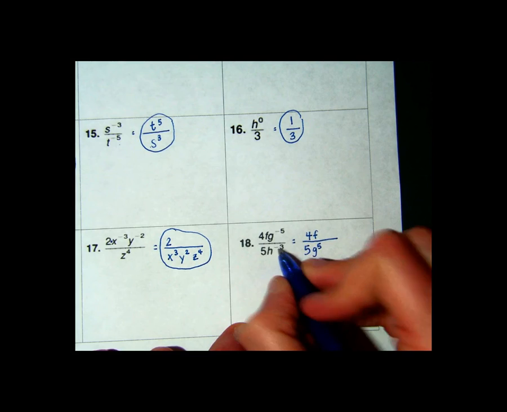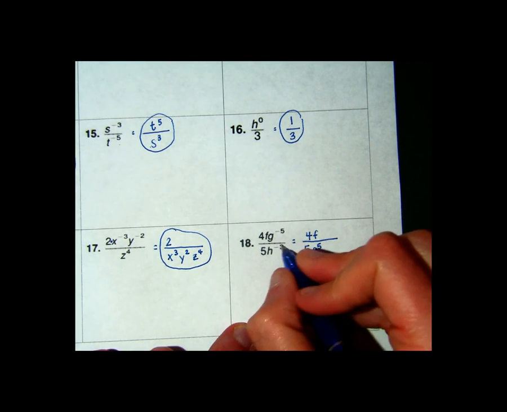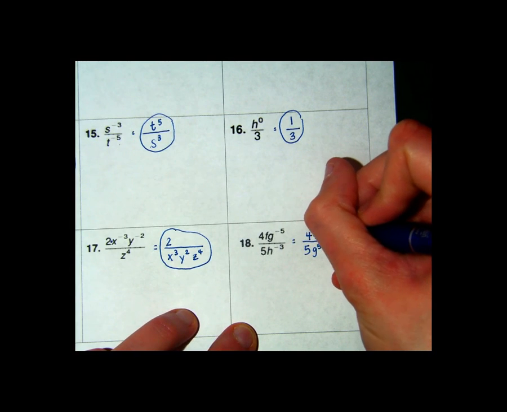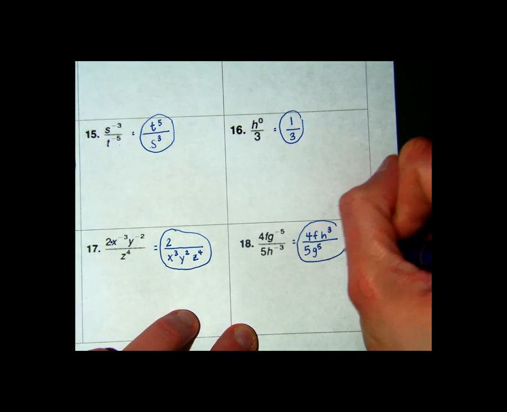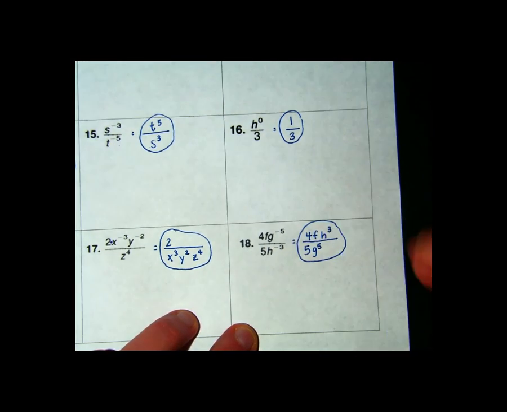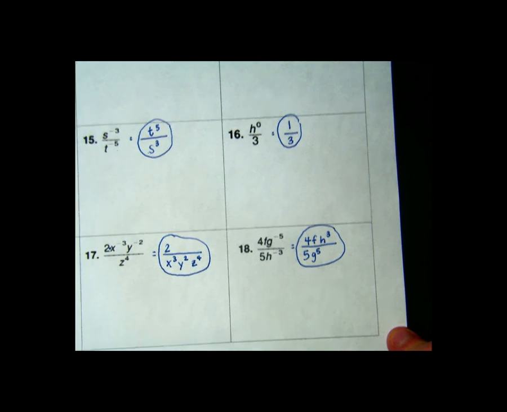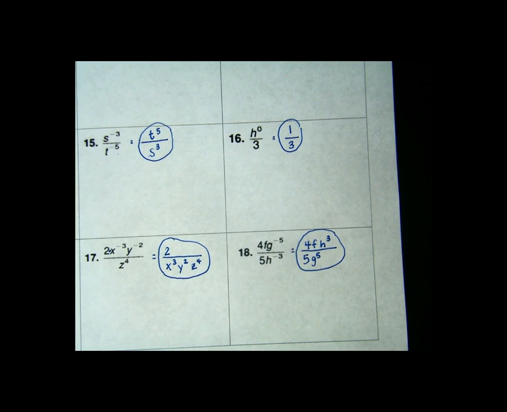Alright, and last, h to the negative 3rd. That is a negative exponent. It is in the denominator, so it needs to come to the numerator. And then we are finished. I know we're finished because we don't have any 0 exponents or any negative exponents. That's how you know that you have completely simplified the problems. There are your integer exponent rules.